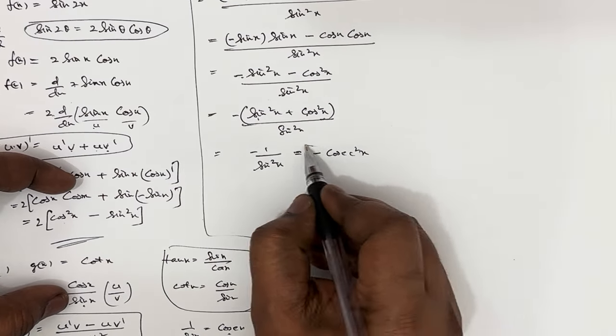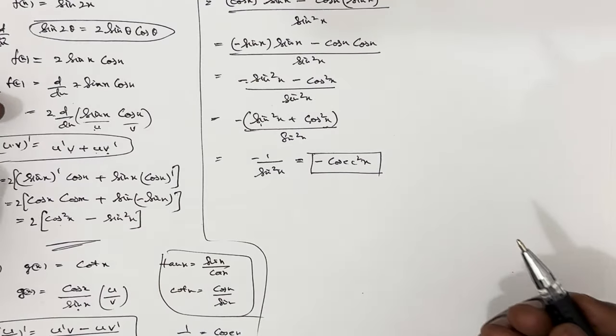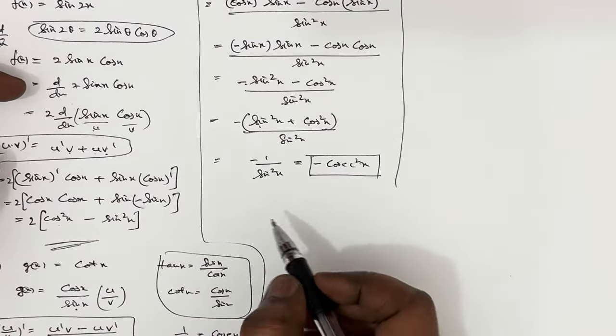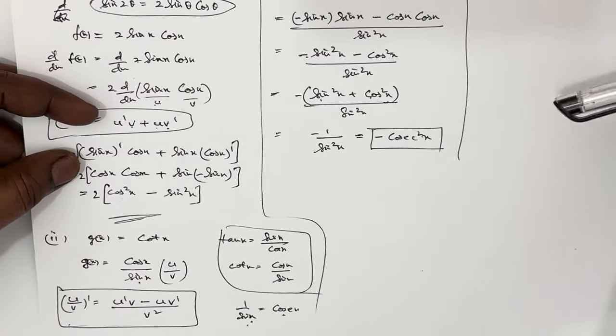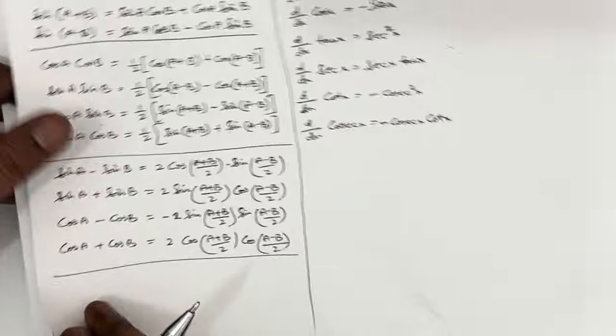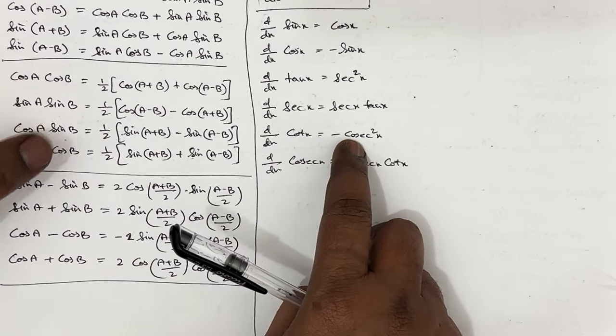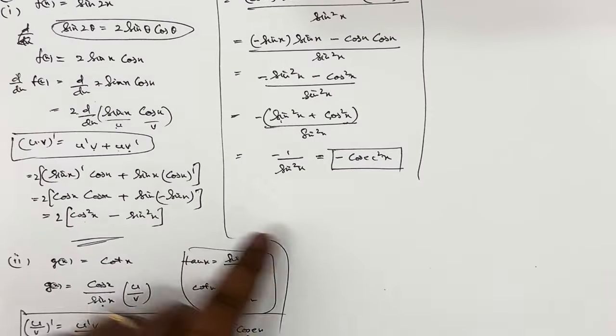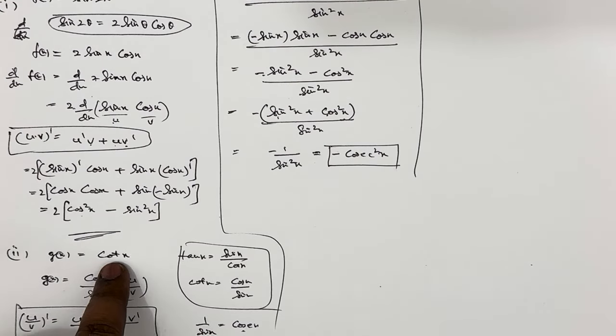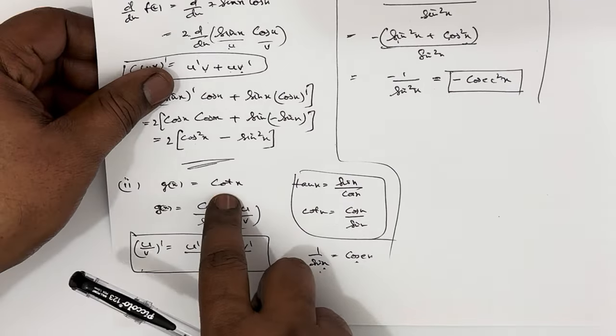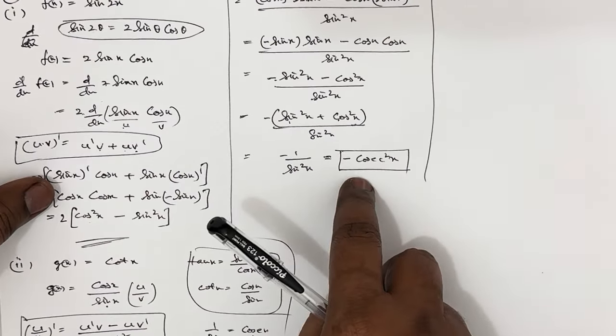That's it. This is the answer. So you all know by the formula, the derivative of cot x is minus cosecant square x. This is what we got here, for the derivative of cot x.